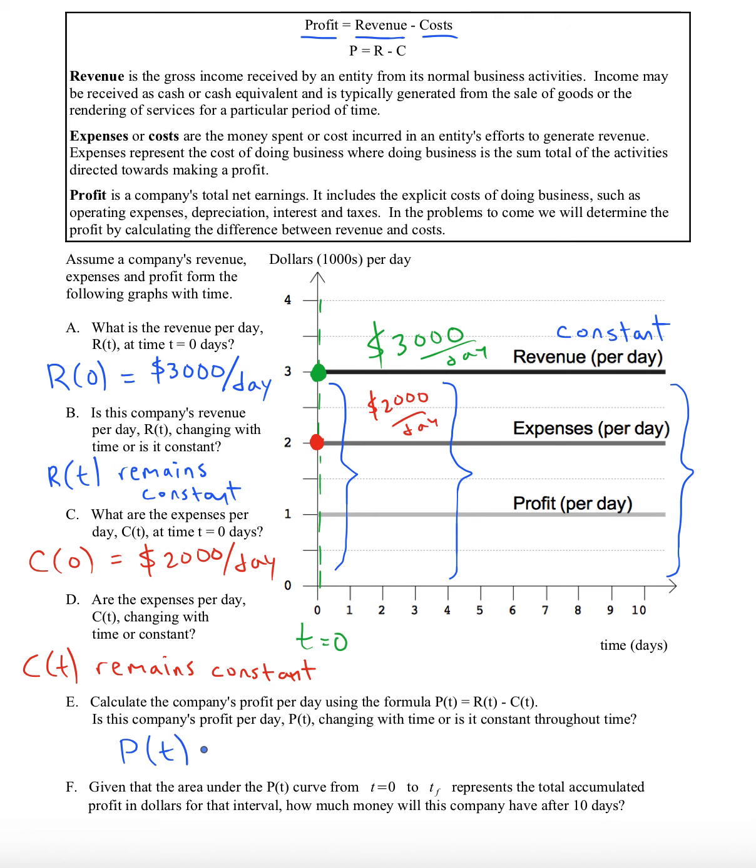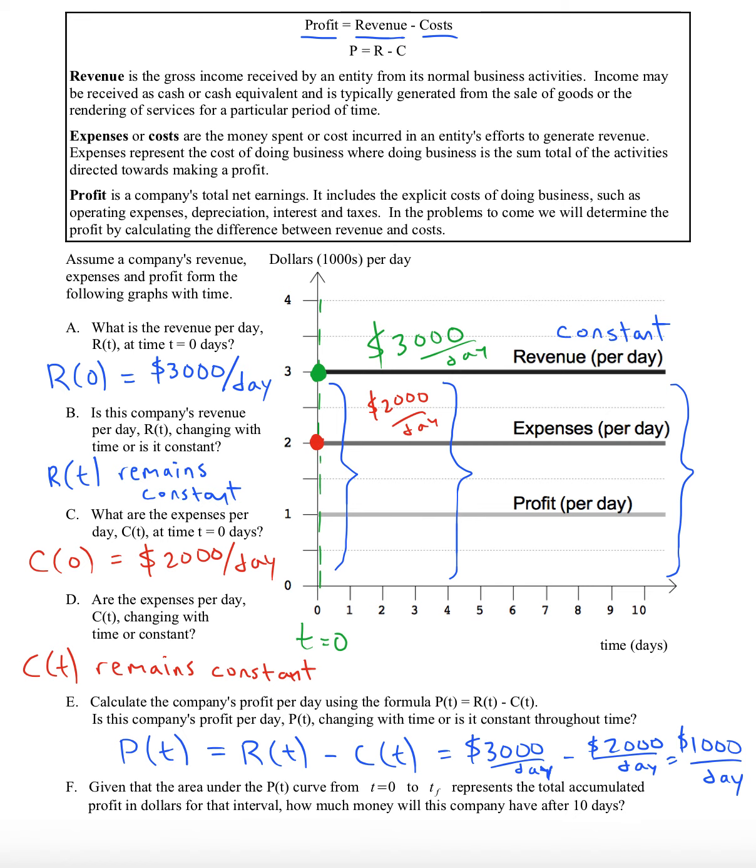P of t equals R of t minus C of t. That's going to be $3,000 per day minus $2,000 per day, which is $1,000 per day. That's our profit.